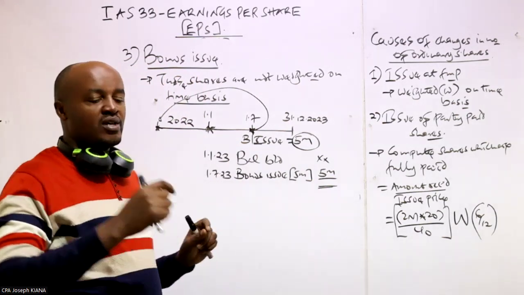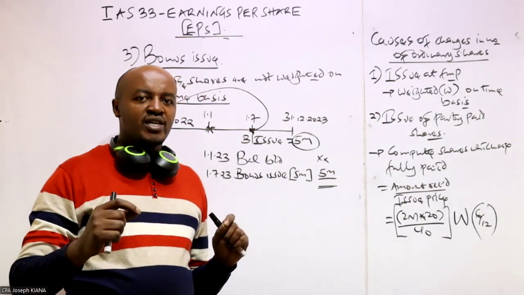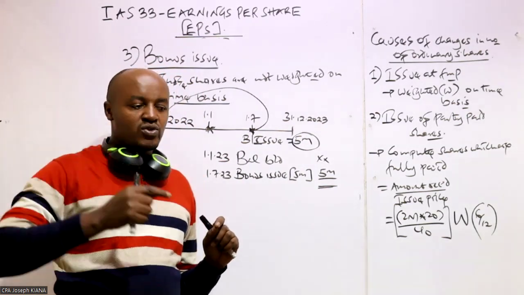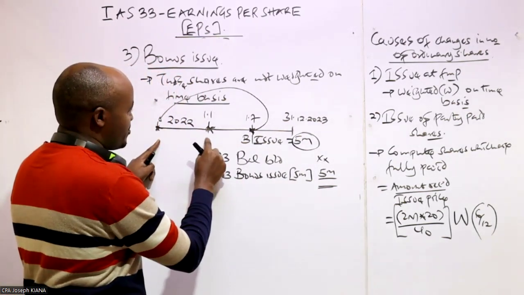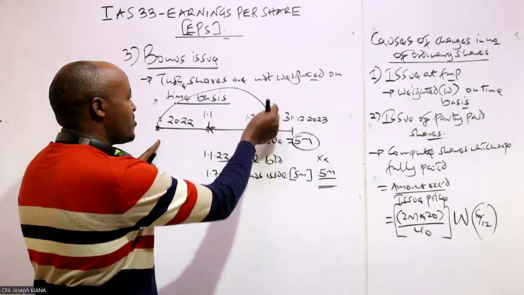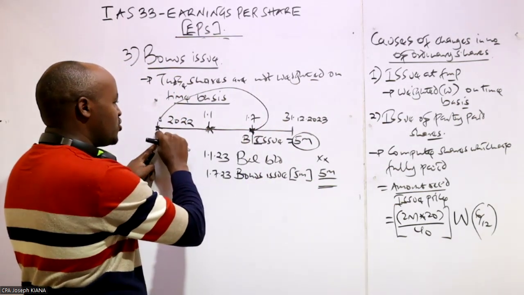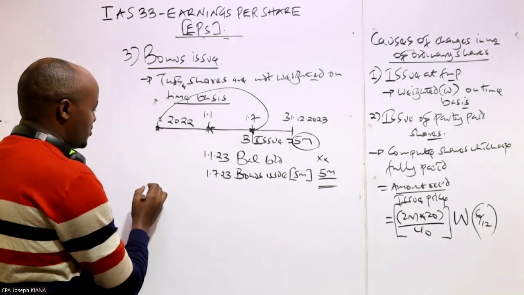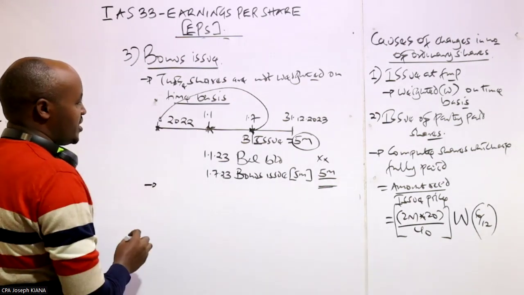Number 2, you also use these particular shares to restate the earnings per share of the previous year, because when the earnings per share for that year was being computed, these shares were not used. But in this case, we assume they were outstanding. They had been issued from the start of 2022. So therefore, what we also do is that we use them to restate the earnings per share for 2022.